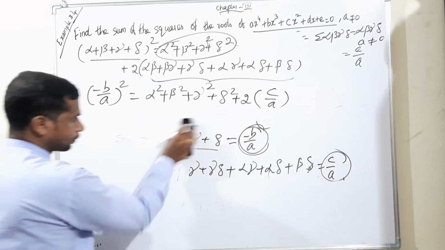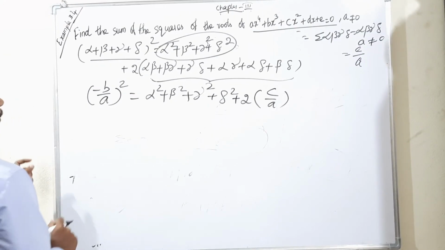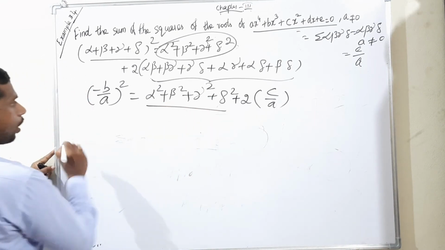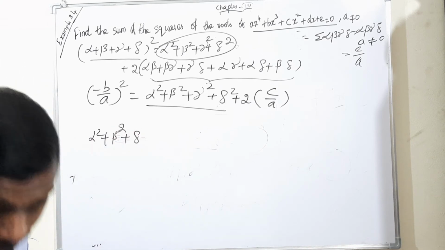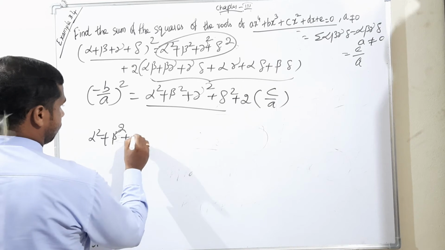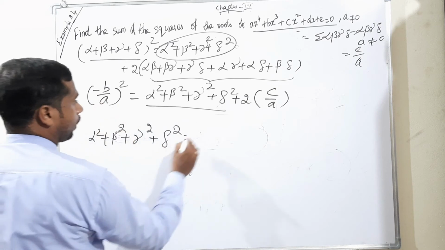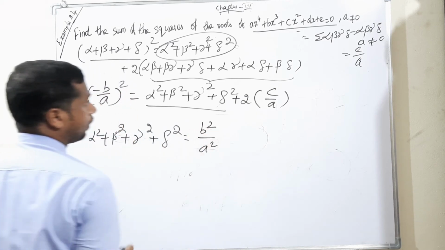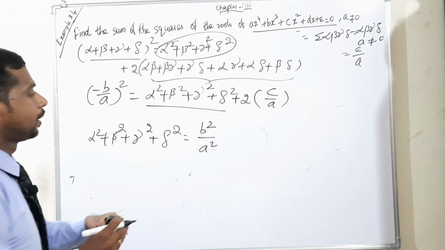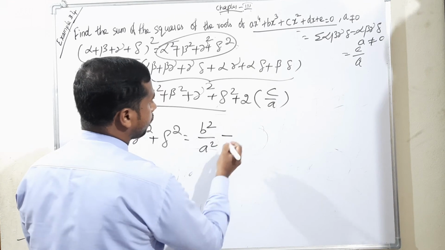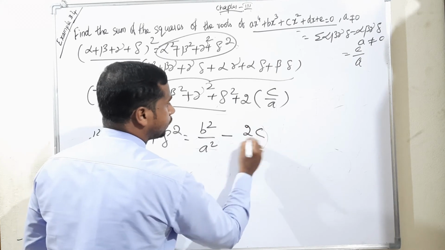Therefore, bring the terms to the opposite side: alpha square plus beta square plus gamma square plus delta square is equal to b square by a square, and when we bring the other term across, the minus sign will come, so minus 2c by a.